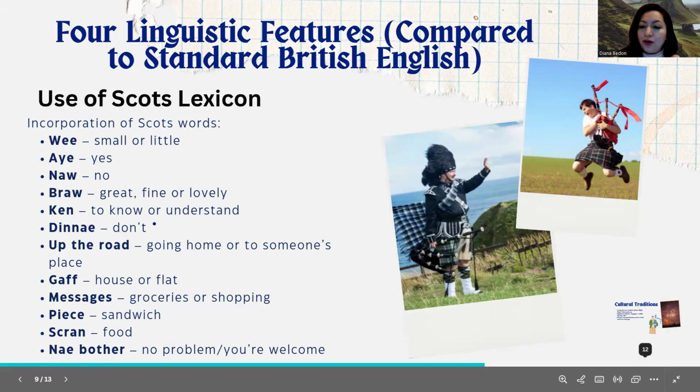It's a braw day for a walk. Ken: to know or understand. I didn't ken what he was talking about. Up the road: going home or to someone's place. Gaff: house or flat. Messages: groceries or shopping. Piece: sandwich. Scran: food. Nae bother: no problem, you are welcome.